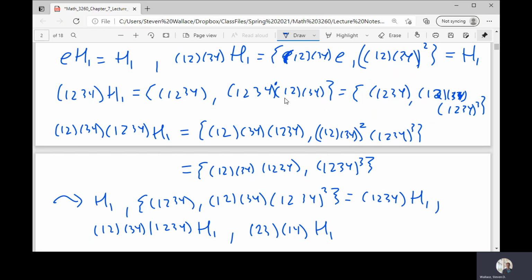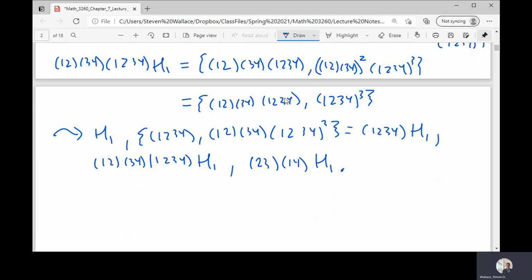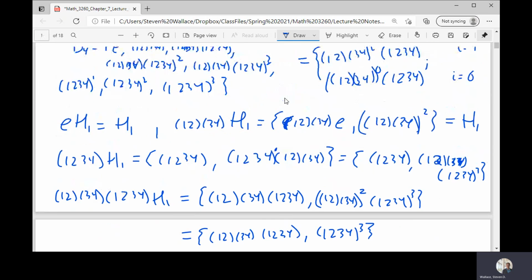Okay, I know it's different because this one has this reflection, and this would have that reflection. They're going to be different. This and this are not the same. This and this are not the same. So there are 4 different ones. And you might need to check that that's the case, but it's true.